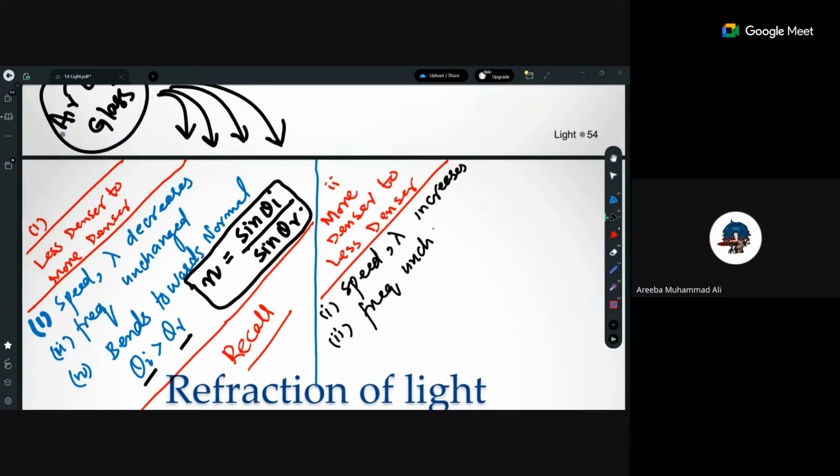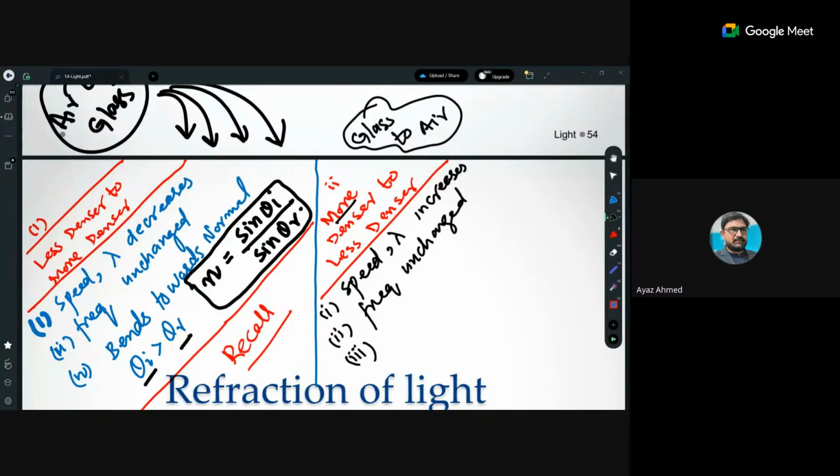Could you go over it one more time? Yes. When the light enters from more dense to less dense, meaning glass to air, you have to keep these four points in your mind.